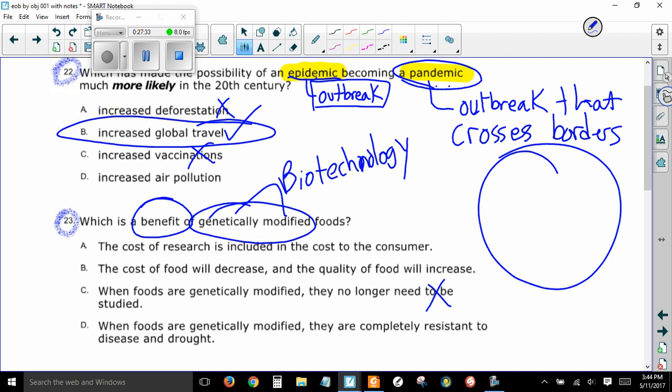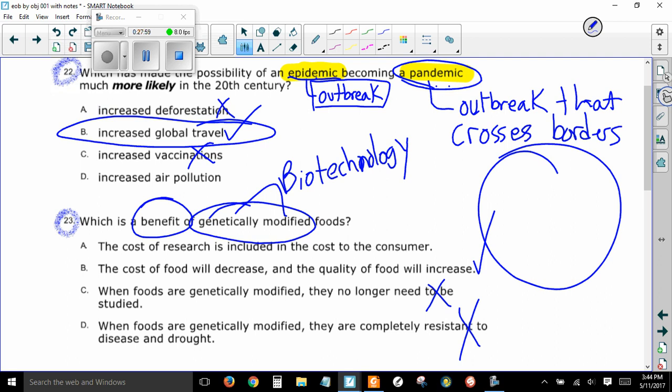When foods are genetically modified, they're completely resistant to disease and drought. No. There's no such thing as completely resistant to disease, because diseases can change too. Most diseases are caused by living things, and living things change. They evolve over time. The cost of food will decrease, and the quality of food will increase.